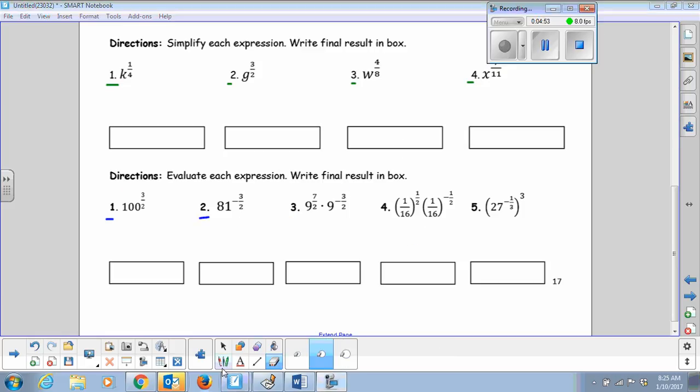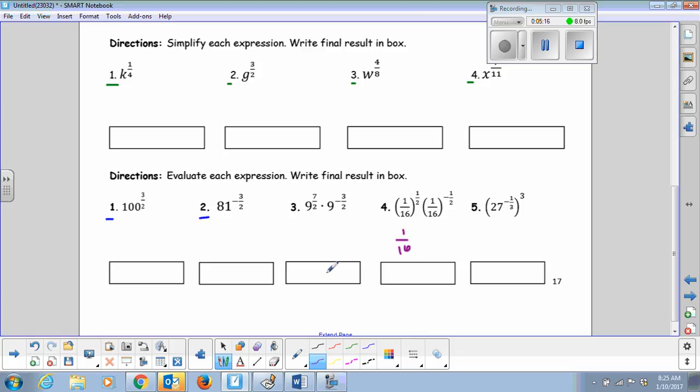Okay, you should have those finished, but looking at 3, 4, and 5, we have multiple steps to this problem. So I'm going to do number 4, but just know 3 is very similar. Number 4, my base is 1 over 16. Remember, when I have two bases being multiplied, I add my fractions.